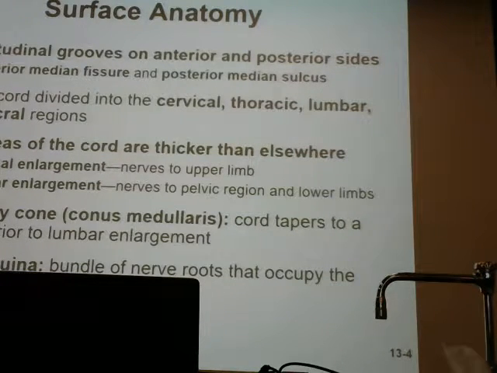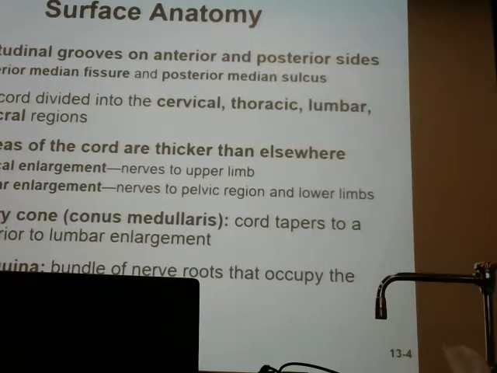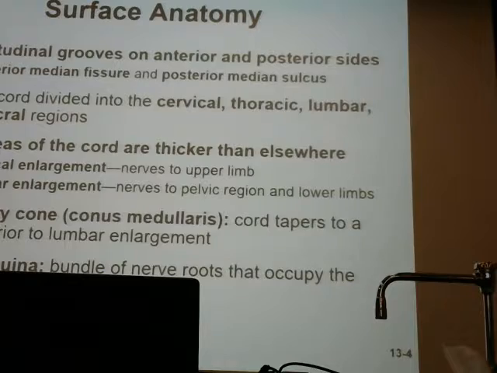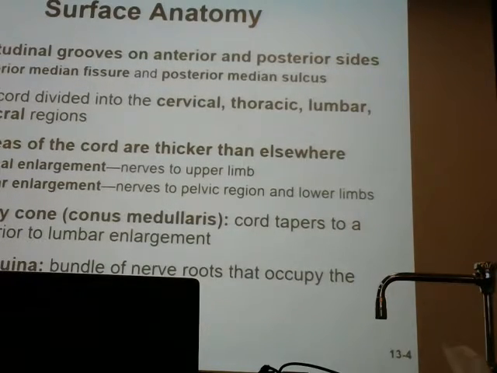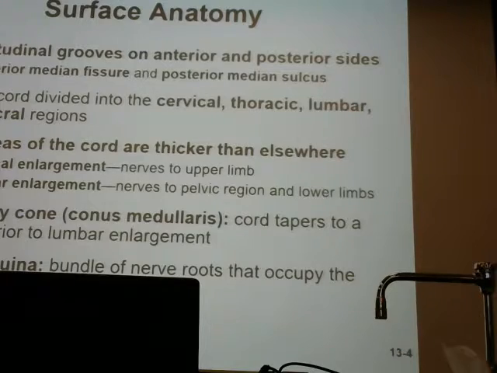We have what's called the cauda equina, which Brian already referred to, and then the medullary cone, or conus medullaris. All right? Love the terminology. That's going to be an area on the spinal cord that tapers to the lumbar enlargement.